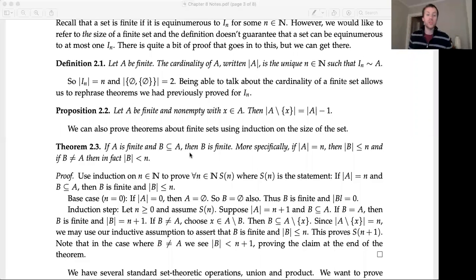And this proof can proceed by induction. So we are proving for all natural numbers n this statement: if A has size n and B is a subset of A, then B is finite and the cardinality of B is less than or equal to n.